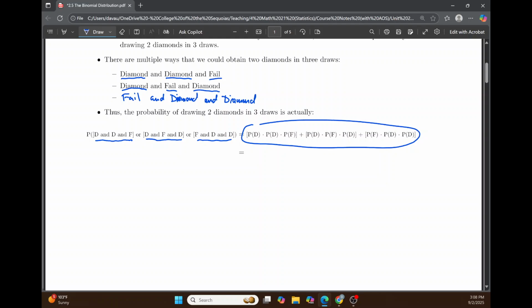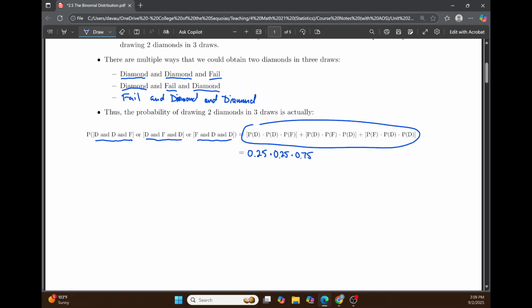We've already talked about the fact that the probability of drawing a diamond is 0.25, 25% each time. So this is going to be 0.25 times 0.25. Probability of failure: the probability that we don't draw a diamond. If 25% of the cards in the deck are diamonds, then 75% of them are not. So this would be times 0.75.